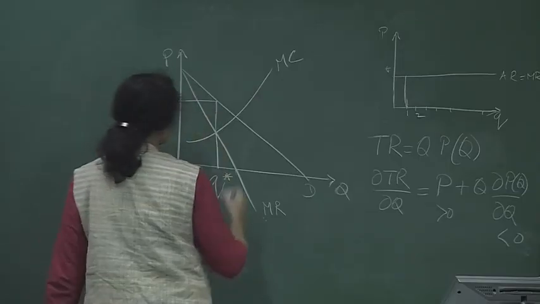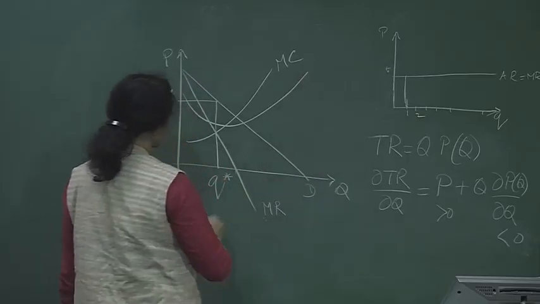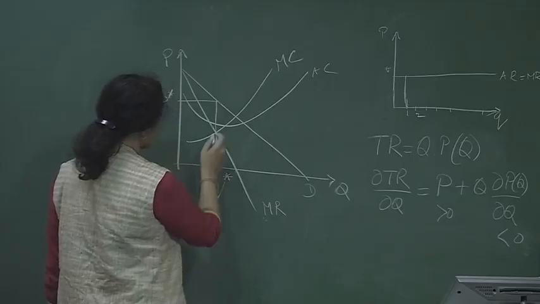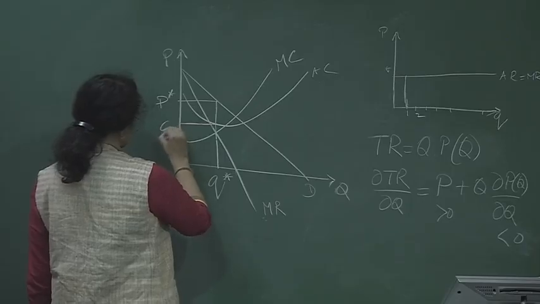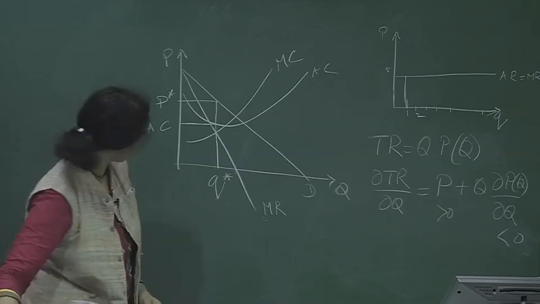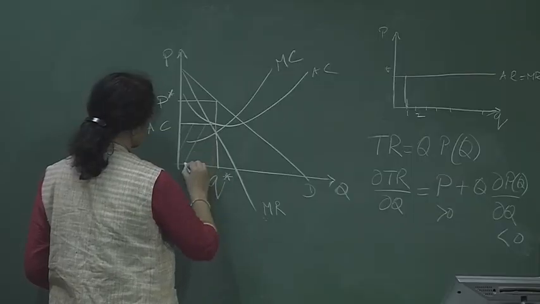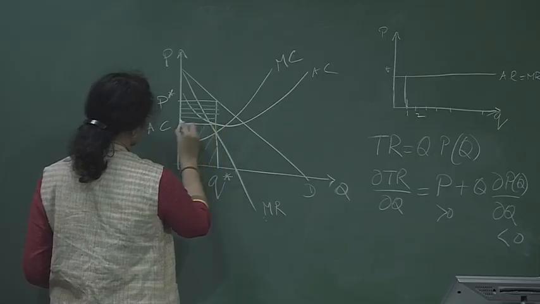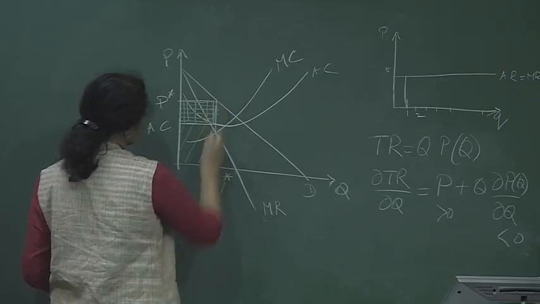So, if the average cost curve looks something like this, then at this level of output Q star, this is the average cost for the monopolist, and his total revenue is PQ, and this is his total cost.